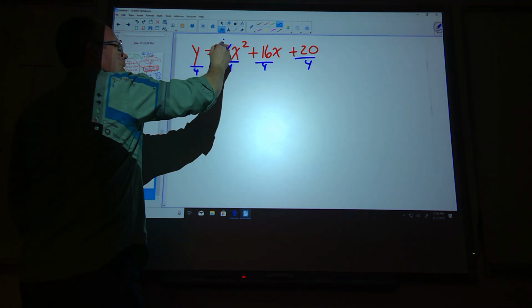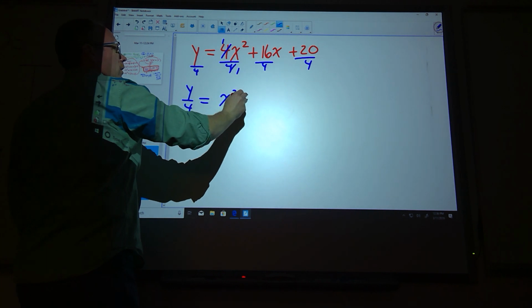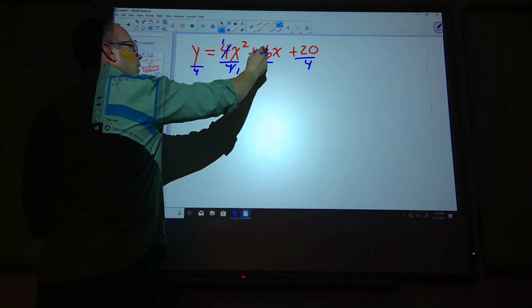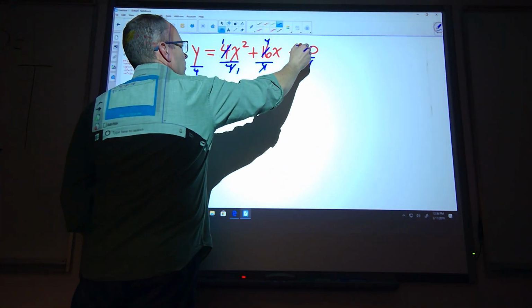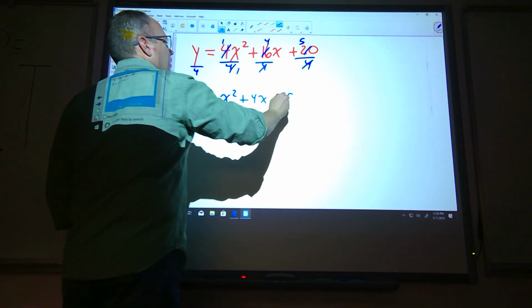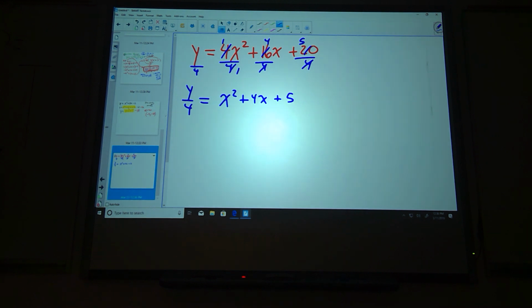So I reduce here. That's x squared. This is going to give me 4x. And that's going to give me 5. Everybody okay with that so far? We'll take care of that at the very end.